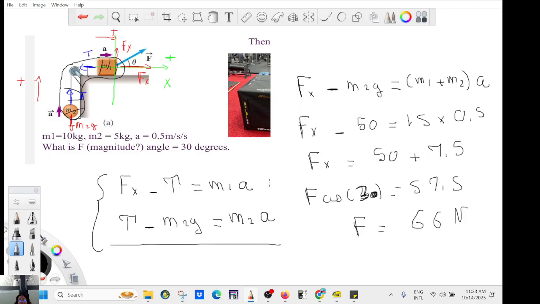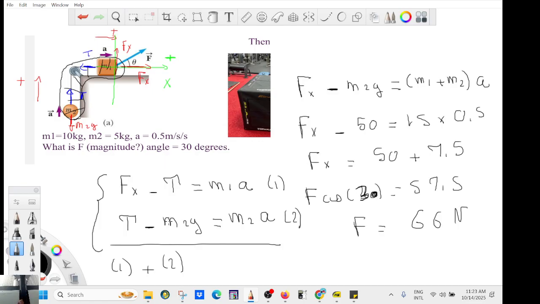And if you add equation 1 and equation 2, you get the same thing. Some people have told me they don't like this way, they don't get it. So if you don't get it, it's fine, you can do it this way. And anyway, if the question is to find the tension, you will have to write one of those equations.